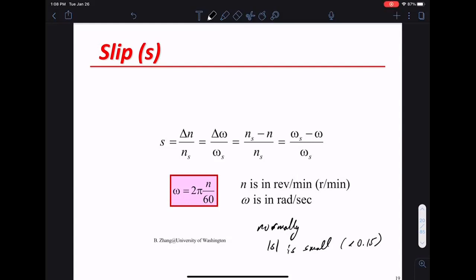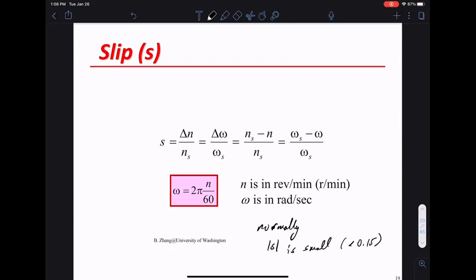That's why type 1 was limited. We'll have a better mathematical idea of why we cannot operate at a slip very far away from 0. We'll see that maybe in the second half of this class.